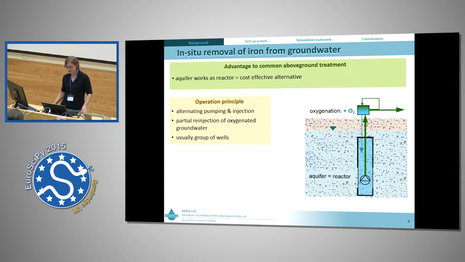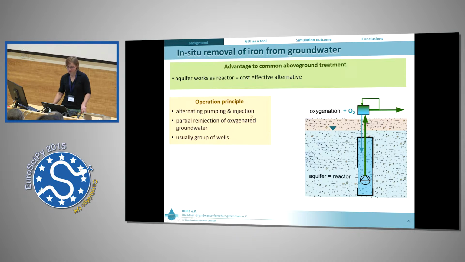The operation principle looks like this. You have a well where you pump off your water, and a part of this water is supplemented with oxygen and re-injected after the pumping into the aquifer. So the oxidation of iron happens here inside this aquifer.